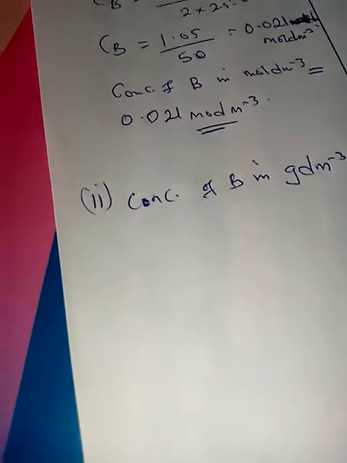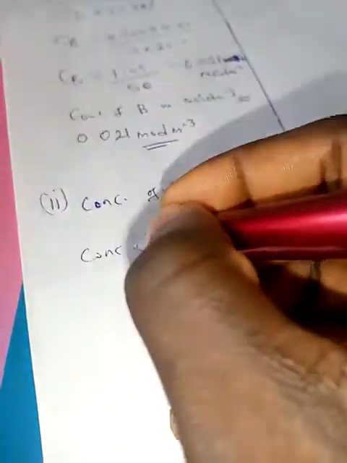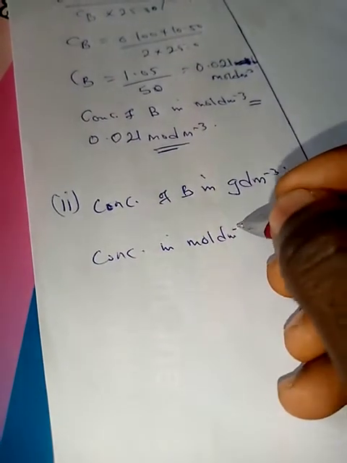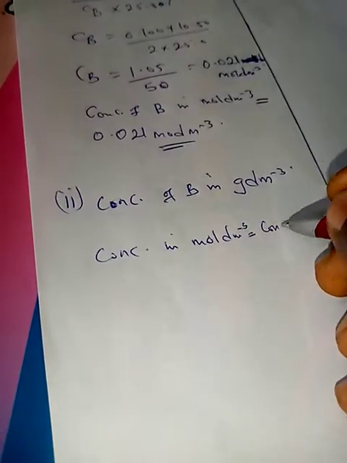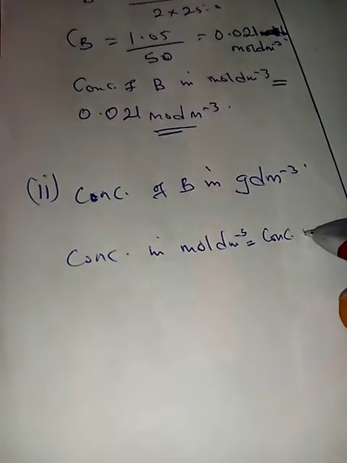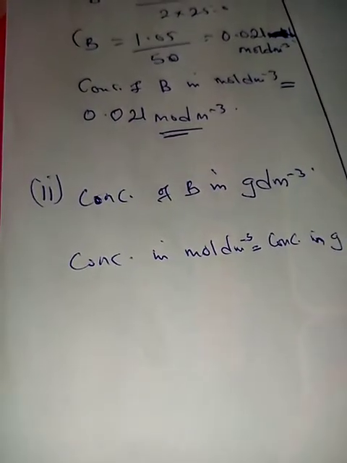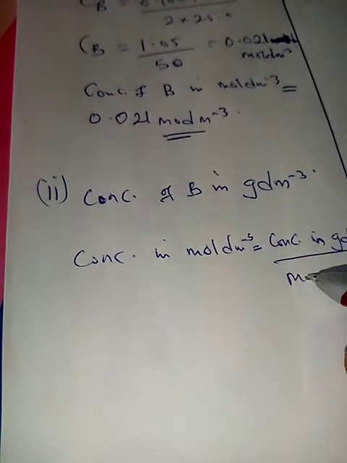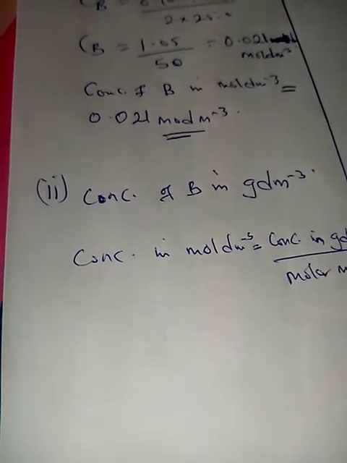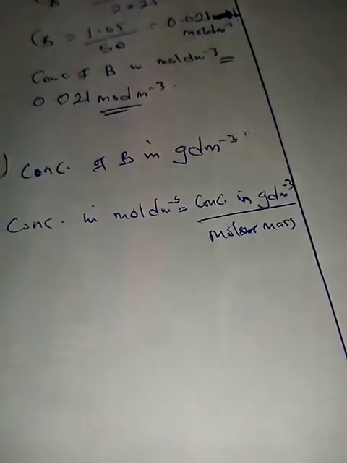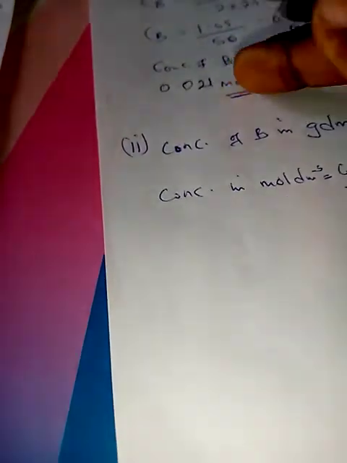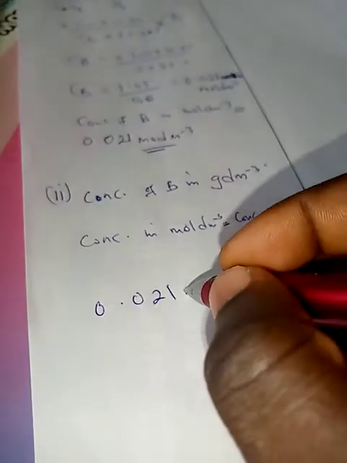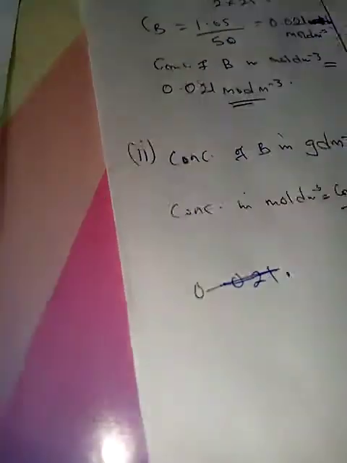Now we know that concentration in mole per dm cube is equal to concentration in grams per dm cube divided by molar mass. So the concentration in mole per dm cube is 0.021. Okay, we can do this.